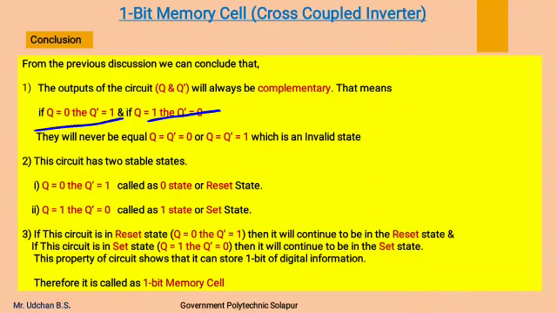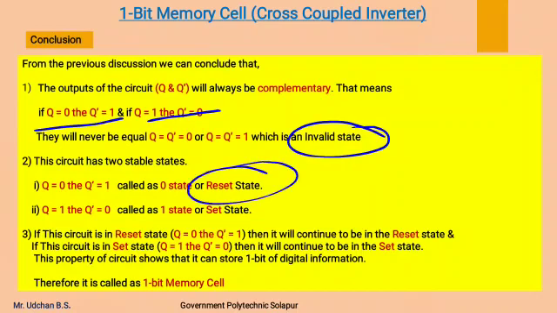If we find Q and Q complement both equal, then it will be an invalid state for that circuit. The circuit has two stable states. One is the reset state, for which Q is 0 and Q complement is 1, and another is the set state, for which Q is 1 and Q complement is 0.